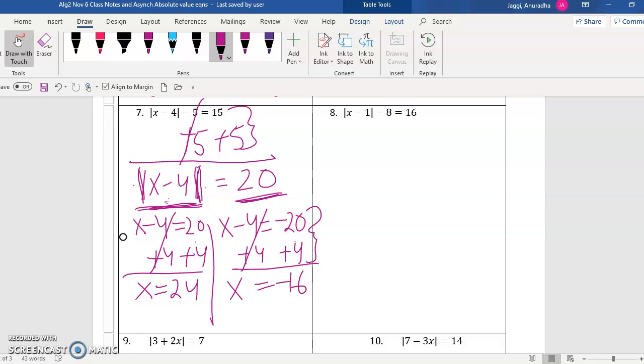Now you check, you put it back in the equation. 24 minus 4 is 20, 20 minus 5 is 15. That is the right answer. If you put negative 16 in place of x, negative 16 minus 4 is negative 20, and the absolute value of negative 20 is 20.